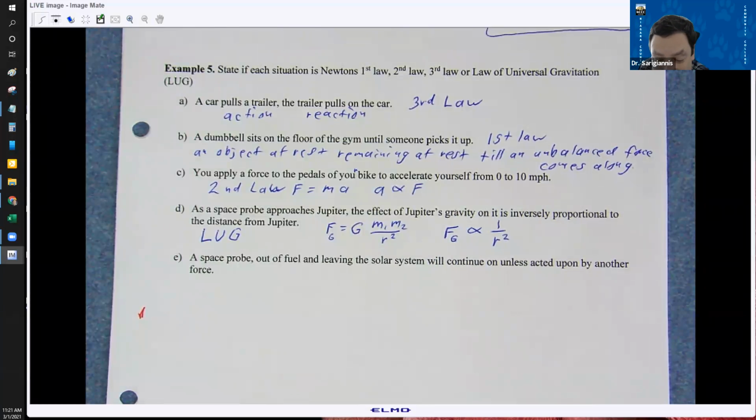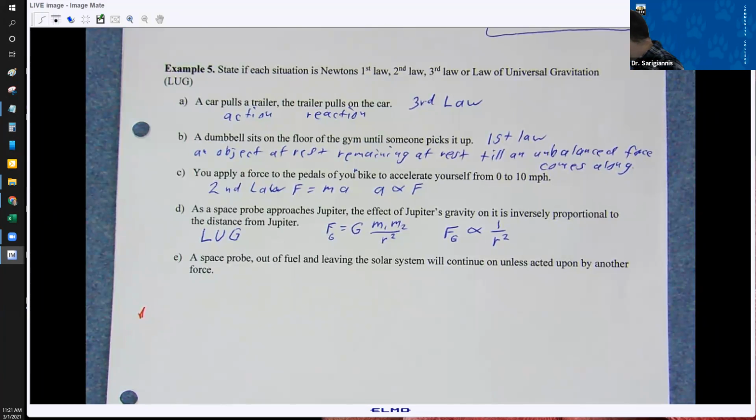All right, last one here. A space probe out of fuel and leaving the solar system will continue on unless acted upon by another force. So which of the 4 laws is that referring to?